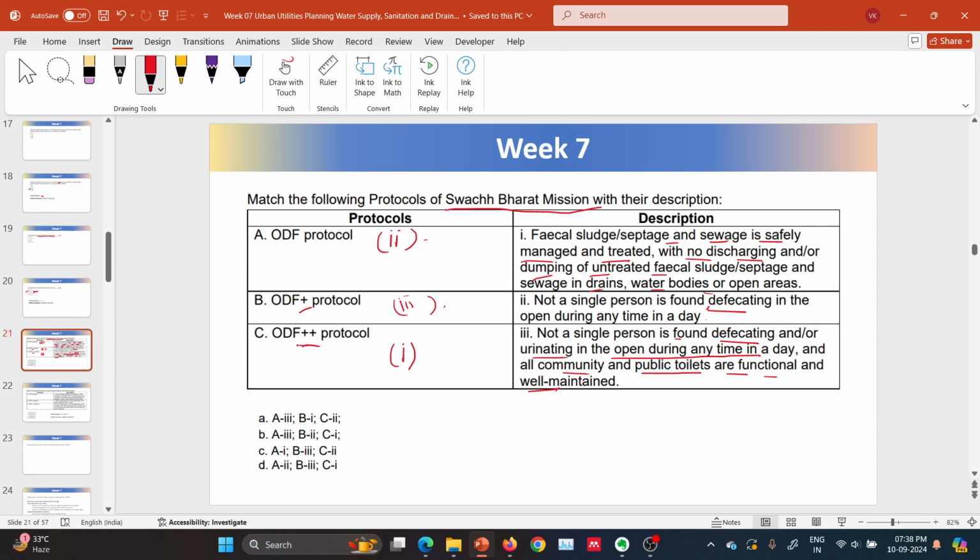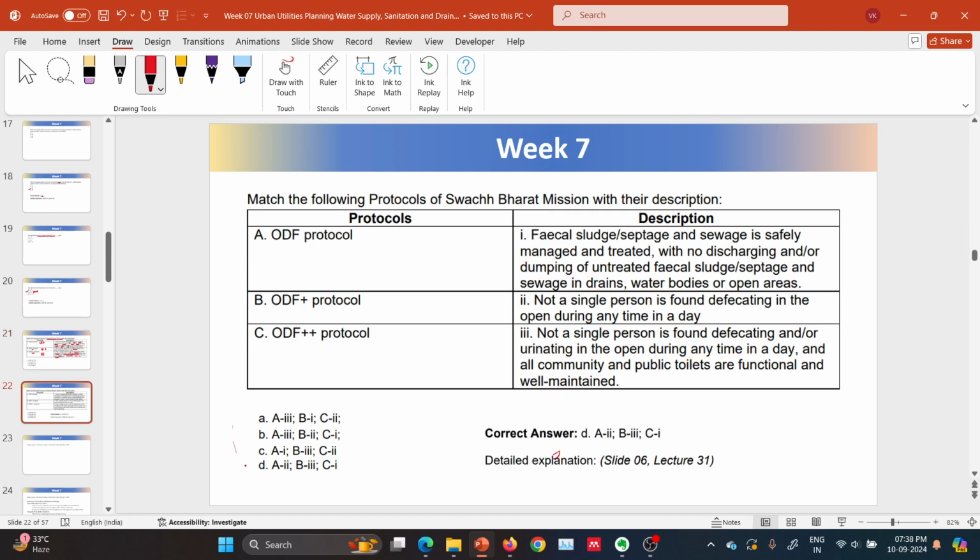And in ODF plus plus, the sewage or sludge septage which is generated should be safely managed and treated, with no discharge or dumping of fecal sludge into the drains or through drains into the water body or any open area. So these were the three protocols of Swachh Bharat Mission. So A2, B3, C1. The answer is D.